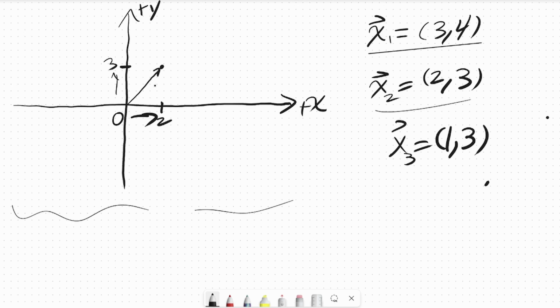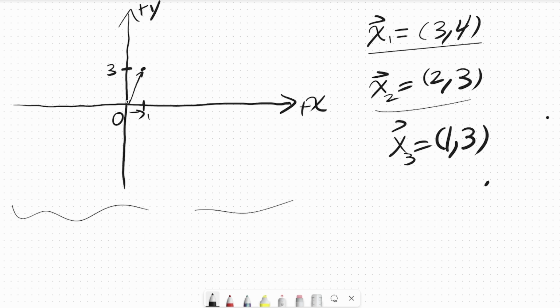So in that case, this is going to be x2. That's going to be what your x vector 2 looks like. And then the last one, I think you can already guess it. This is just going to go 1 unit to the right, and then it's also going to go 3 units up. And that's going to be what that vector looks like.